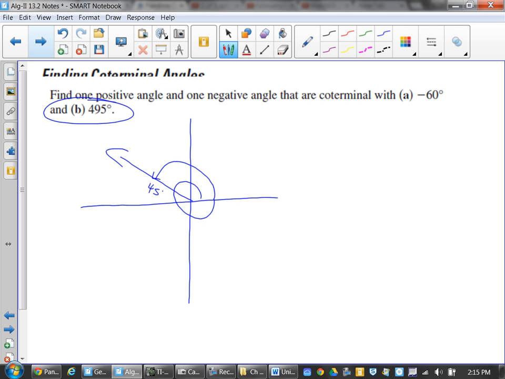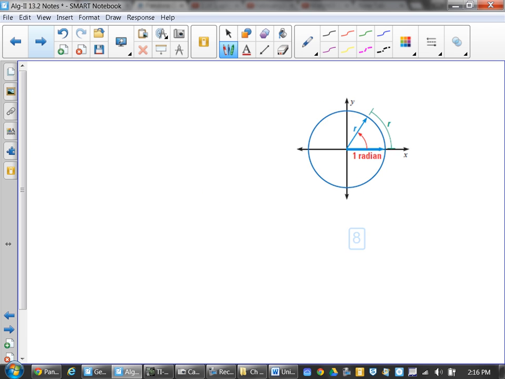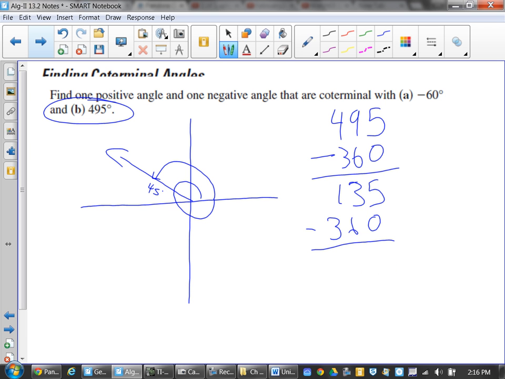So what happens here is since I am more than 1 revolution, I take that 495, I subtract 360 to get my positive coterminal, which was at 135. And then to get my negative coterminal, I subtract 360 again. And it's negative 225.